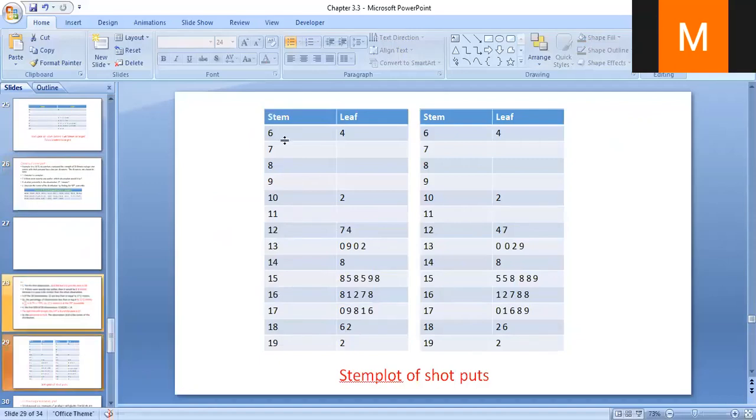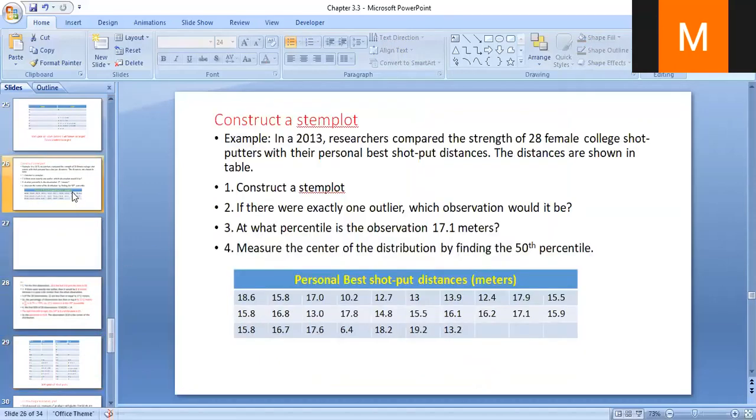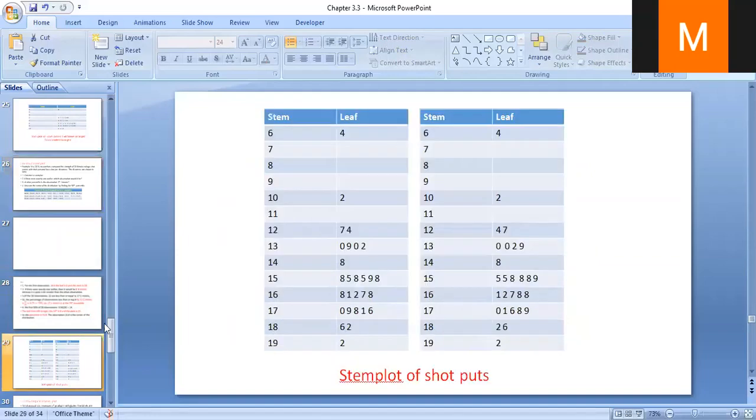Take one. You look here: 18, 15, 17, 10, 12, 13, 12, 15, 15, 13, 17. The last number is 18.6, and the smallest will be 6.4. And then you put from the 6, 7, 8 until the 19.